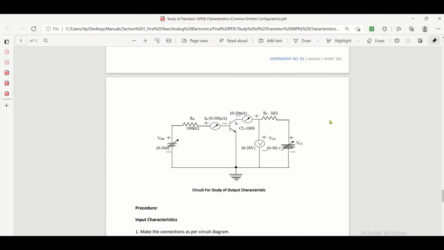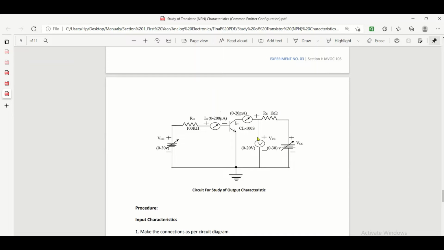Now, so far as the output characteristic is concerned, VBE is no more important. What is important is the value of IB. So we have to have different constant values of IB, and with such constant values we need to change VCE from 0 to some finite value so that there is a change in collector current.